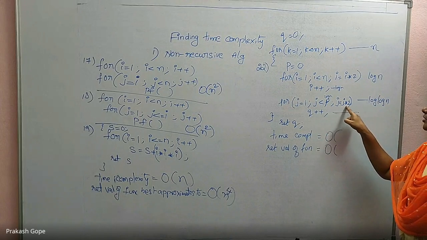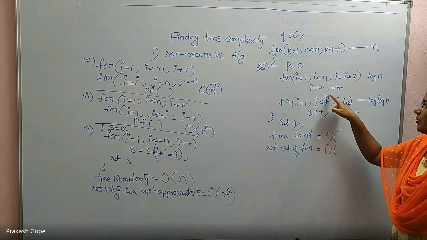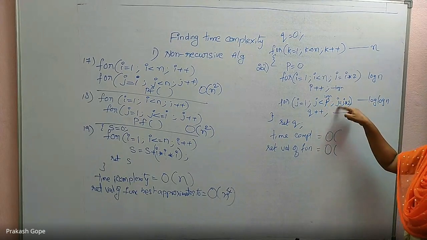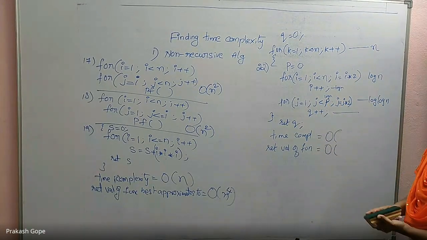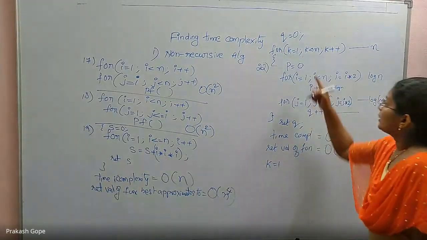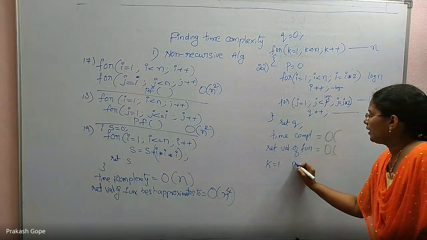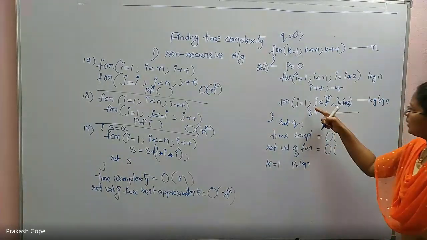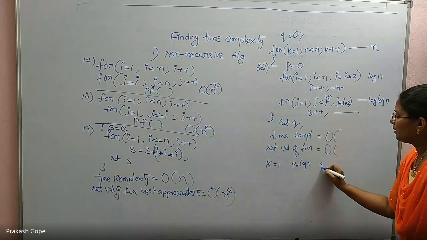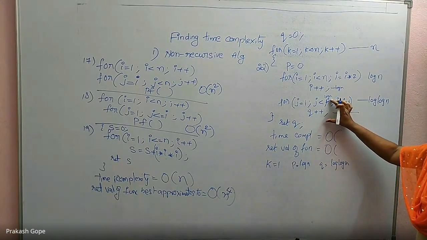Because this is j equal to j star 2, it is log of whatever is passed here. What we passed here is log n. That's why this loop runs for log n. Okay, so when k equal to 1, the p value at the end will be log n. And then this q value will be log of log n, which means log n.